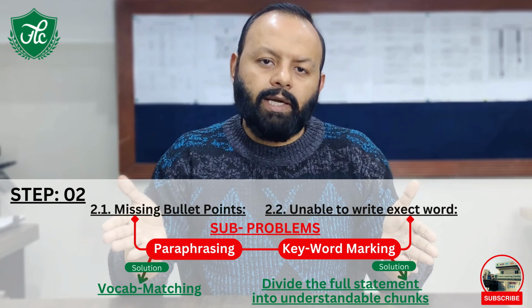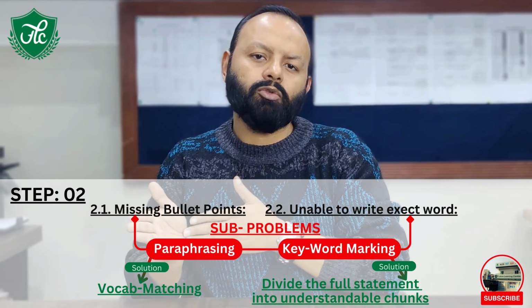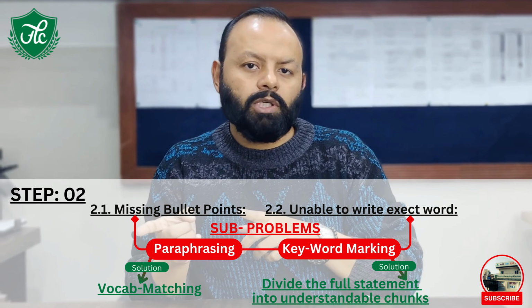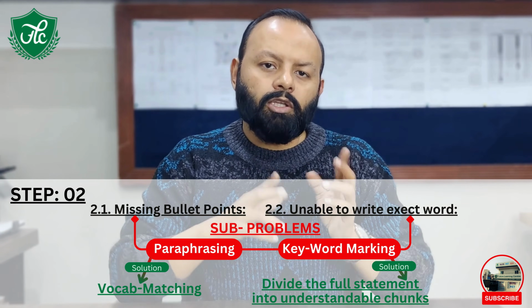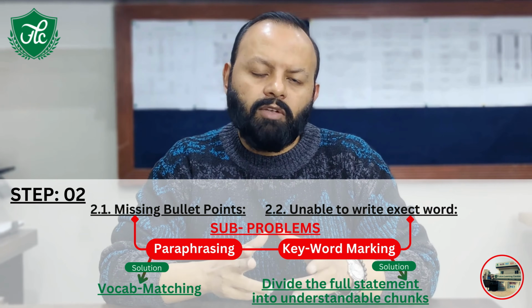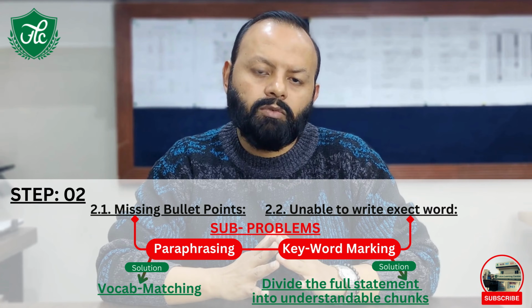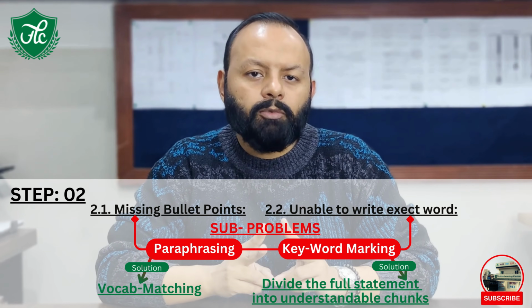It means you understand the entire statement, but you still are unable to write the answer. Or you are confused whether it's a one word answer or a two-word answer. Again, the problem lies in the paraphrasing and the keywords. If you have worked on the paraphrasing and the keyword, then these problems can be sorted out.